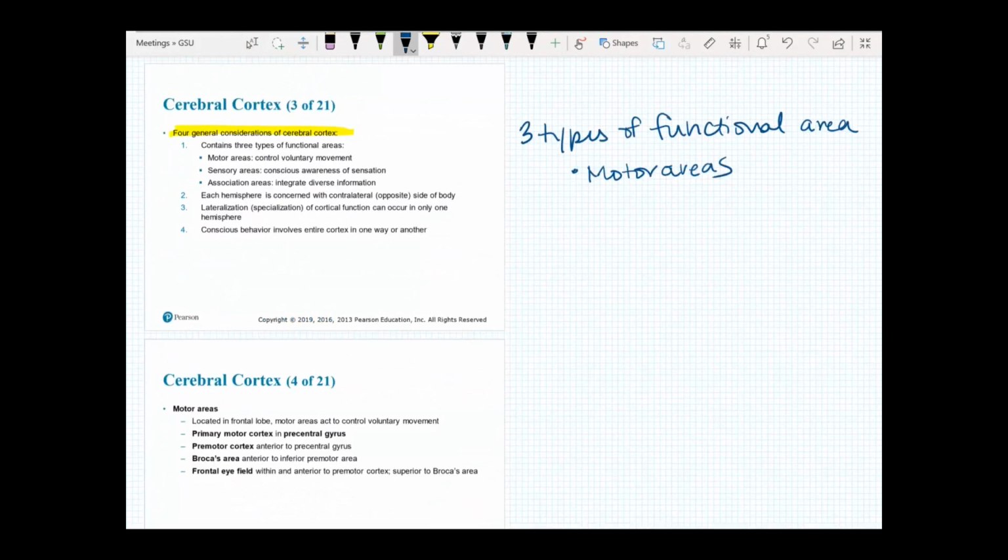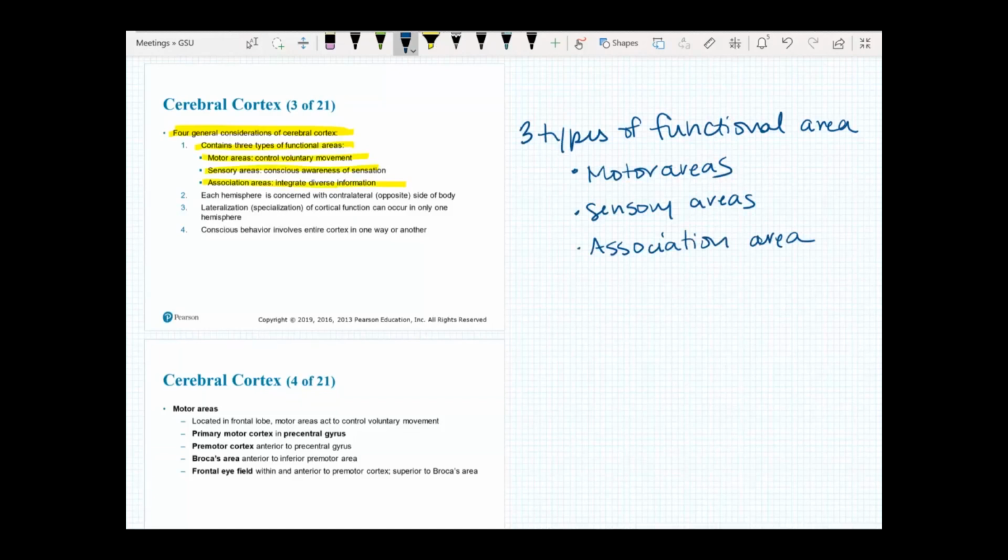There are sensory areas, which allow you to receive sensory information, process it, and figure out what it is. And then there are association areas, which essentially do everything all together and make a bunch of things work seamlessly together. So we're going to talk about motor, sensory, and association. That's how we're going to divide up this first half of the chapter.